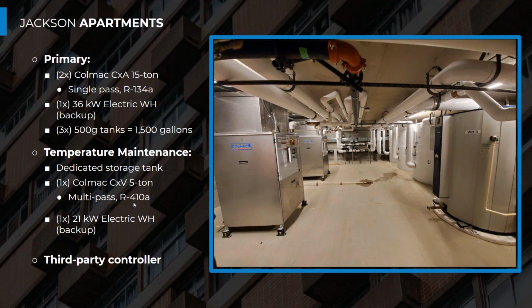But in that time, when there was service being done, the system was running off that large water heater 3, which was serving the temperature maintenance hot water circulation load. So there are reasons to have backup or redundancy in there. If you're not doing backup, I would highly recommend that you put in an extra heat pump so that one can be down and the others can be providing heat to the system.